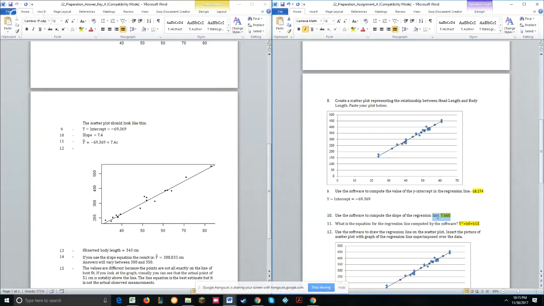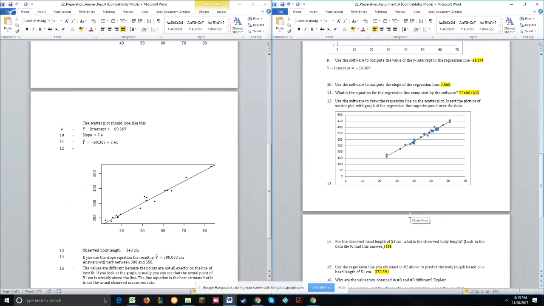But let's see. No, actually my slope was wrong as well. So, let's see.